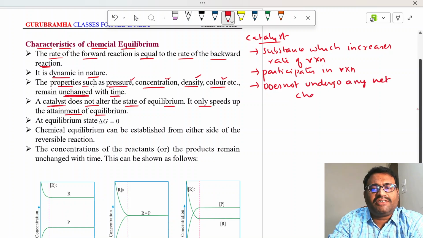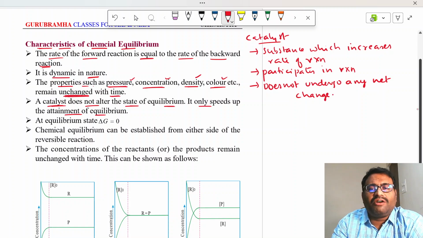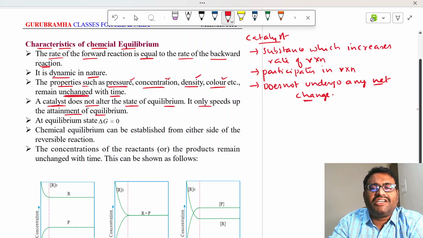That means before the reaction, however much catalyst is present, after the reaction also, the catalyst will be present in the same state and the same amount. That is the meaning of does not undergo any net change. There will be no net change in that substance.